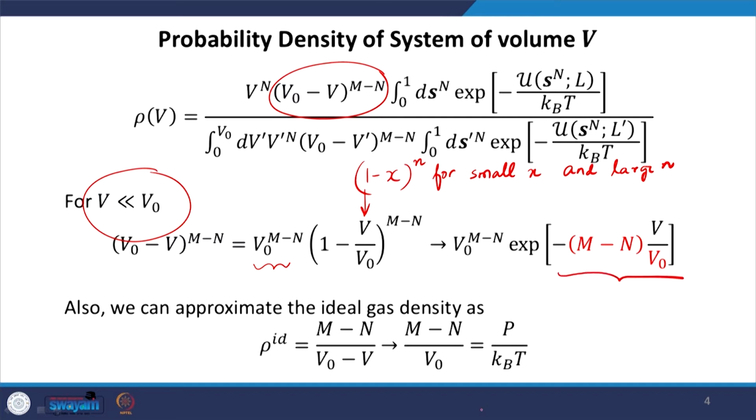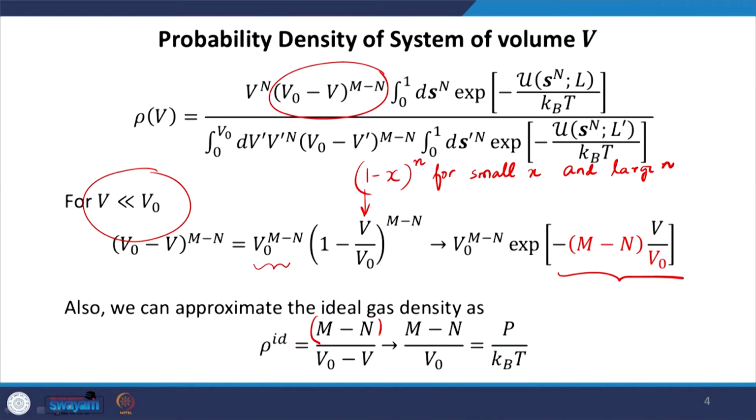So, this is what we get here, and then we can approximate simply the ideal gas density, and it is not really an approximation so as to speak. The density is given by the number of molecules per unit volume. So, it is m minus n, the number of molecules in the reservoir, divided by the volume of reservoir, that is V naught minus V, but then I use V much less than V naught here.